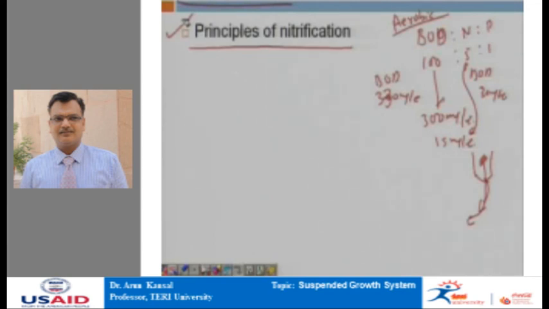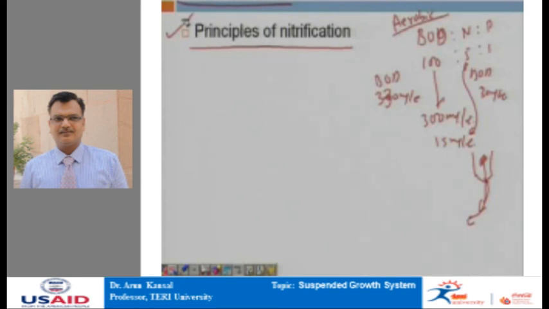For the purpose of biological treatment, we have 2 types of organisms: autotrophic organisms and heterotrophic organisms. Heterotrophic organisms are those which consume organic matter as food, which we call substrate. Autotrophic organisms are those which depend upon inorganic compounds as a source of their energy.